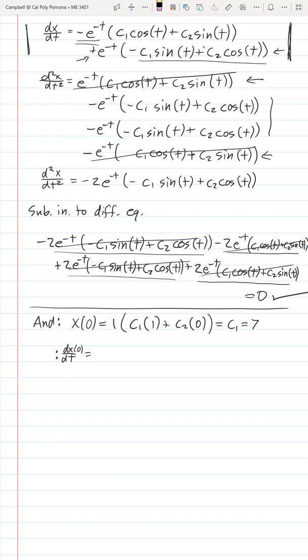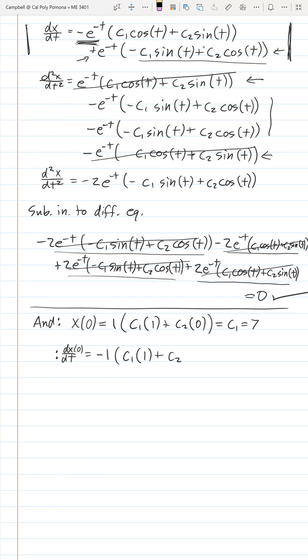For this first exponential function, e raised to the 0 is 1, but it's negative e raised to the 0, so it's negative 1 times C1 times cosine at t equals 0. Cosine 0 is still just 1, plus then C2 times sine at time equals 0.